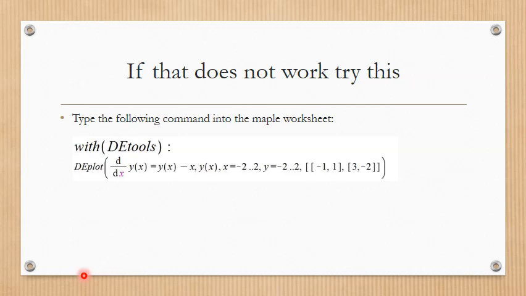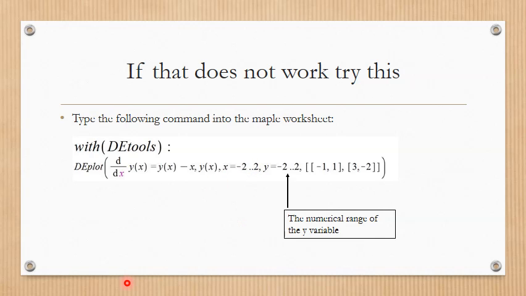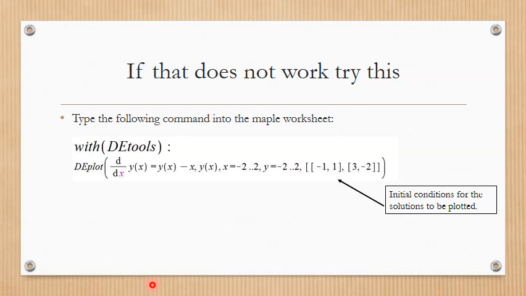And then come the ranges. You can put in the interval you want for x, and the interval you want for y. Basically you write the lower bound, dot, dot, upper bound, then a comma in between, and the lower bound, dot, dot, upper bound for the other. The last thing is the solutions you want to plot, so you put in your initial conditions right here.